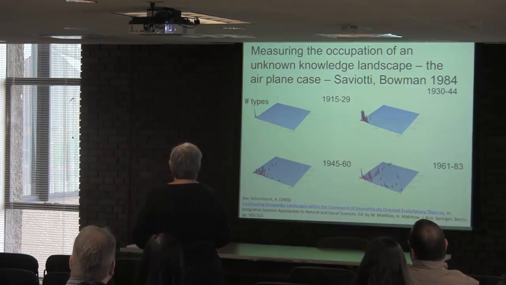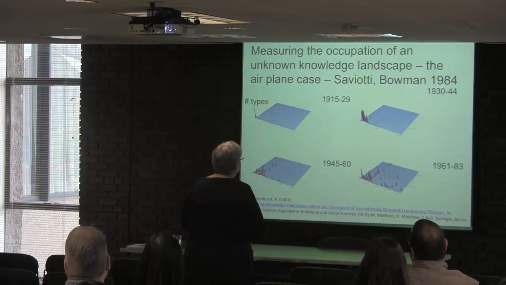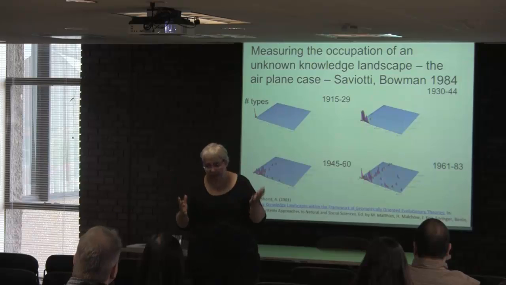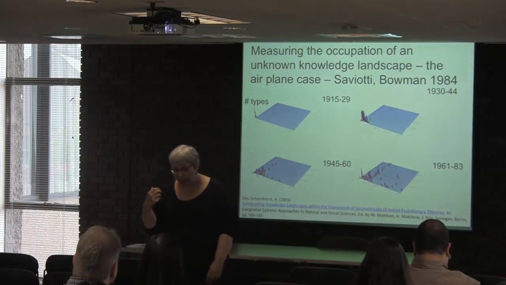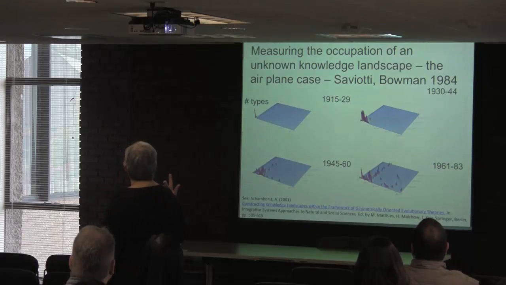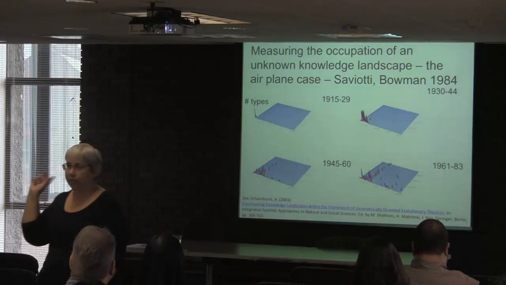Now, there are also studies on knowledge landscapes concerning the spaces in which engineers think. This is work done by Paolo Saviotti and, I think, a PhD student of his, Baumann, which is very old, you see that.